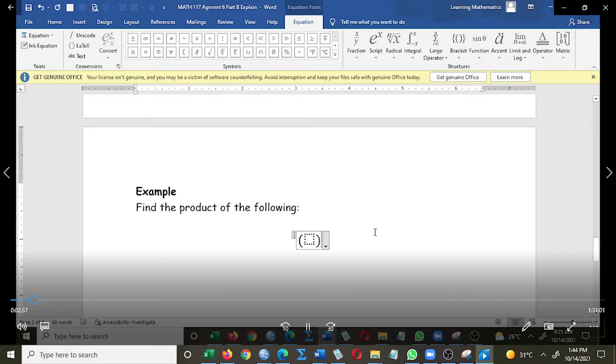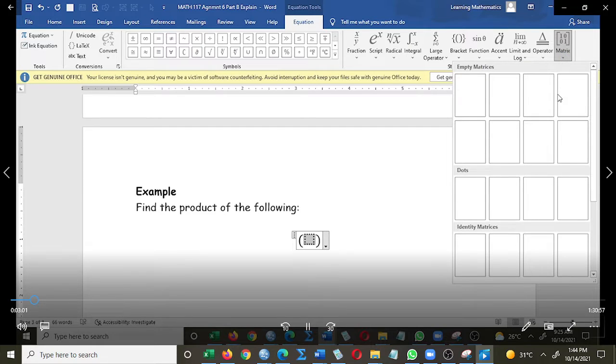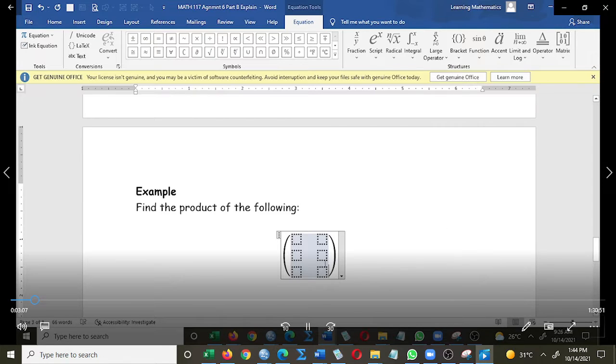All right, so we want a 3 by 2. Can we get a 3 by 2 here? A 3 by 2. Okay, here it is. A 3 by 2 times a 2 by 2.